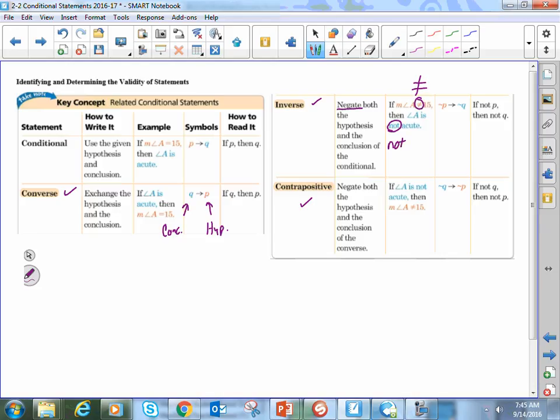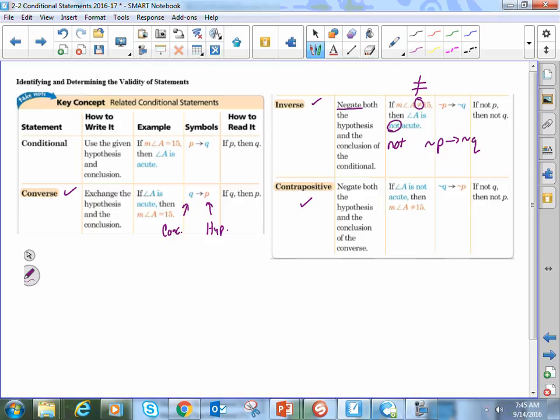And that's what these little squiggly lines are. I know it might be a little hard to see. We have a little squiggle with a P and a little squiggle with a Q, and that is if not P, then not Q. That's what the squiggle part means. We're negating the hypothesis and the conclusion.